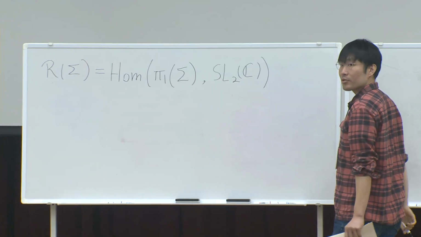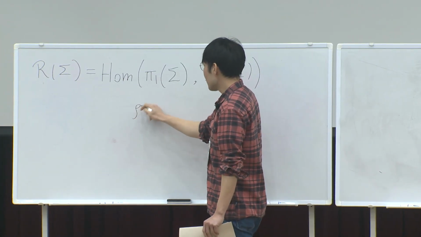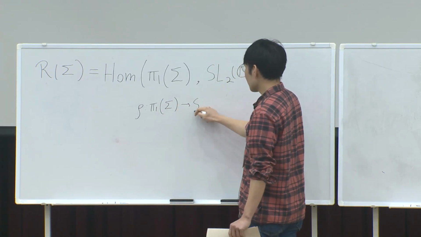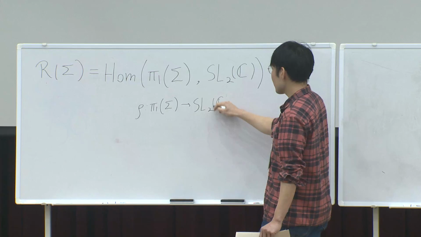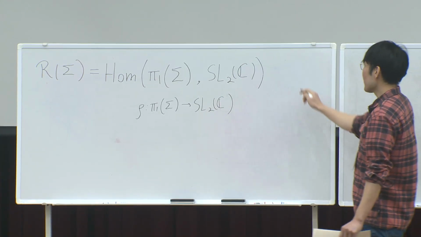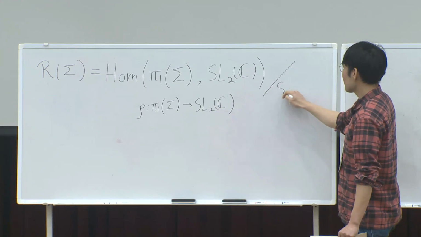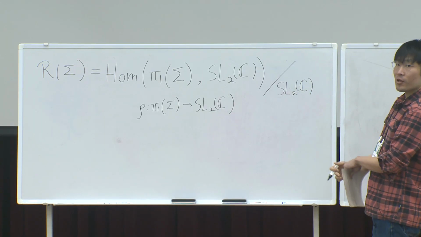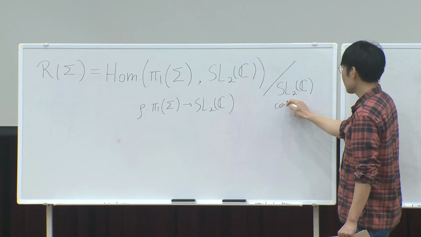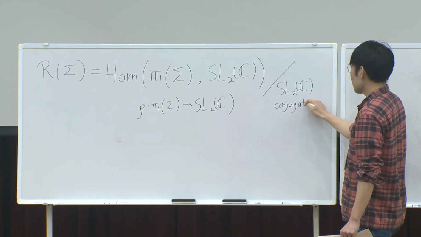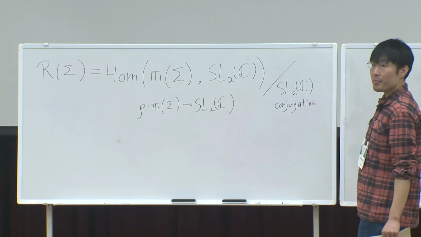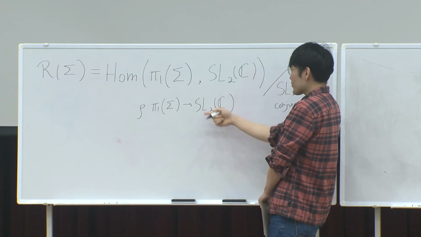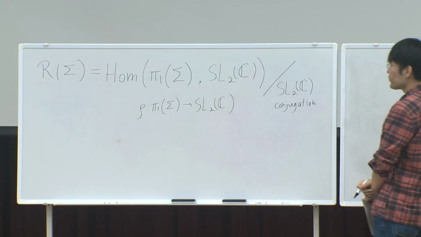So you collect all the group homomorphisms from the fundamental group going to 2 by 2 matrices of determinant 1, and you call two such things the same if they're related by overall conjugation. So this is like two-dimensional representations of this group, but you're restricting to the determinant 1 condition.